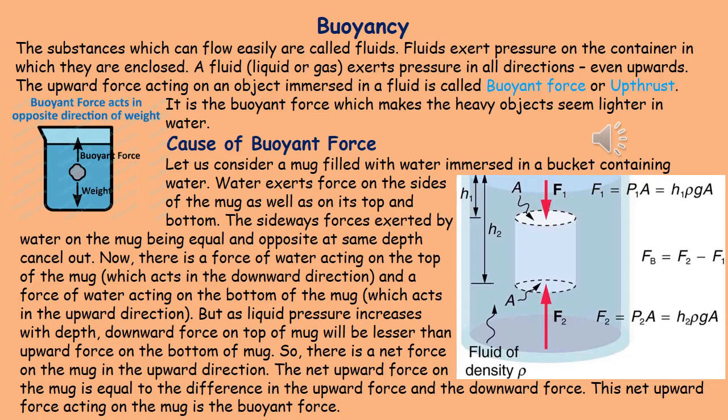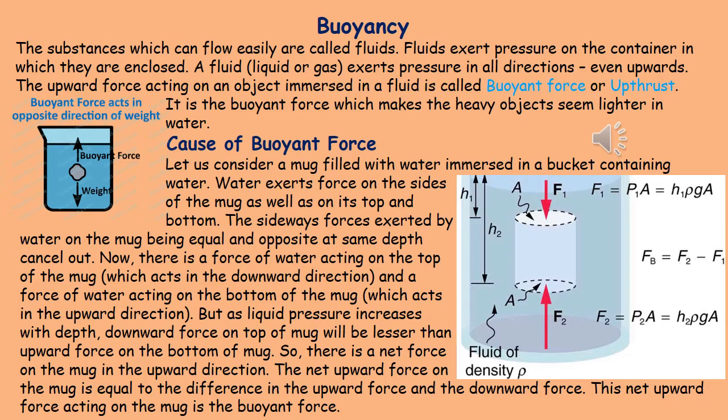So there is a net force of water acting on top of the mug which acts in downward direction, and a force of water acting on the bottom of the mug, acting in upward direction. So all the forces which are acting sidewise are balanced. We have two forces which are shown with two red arrows in the diagram.